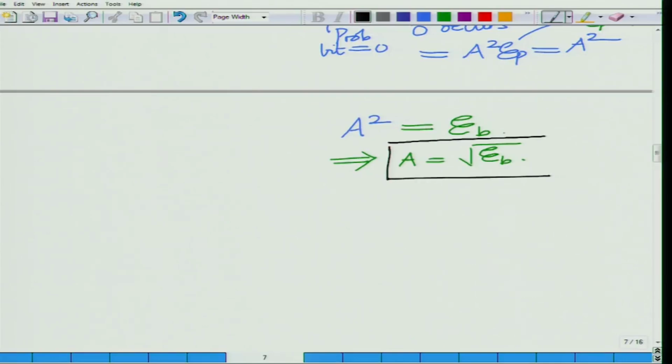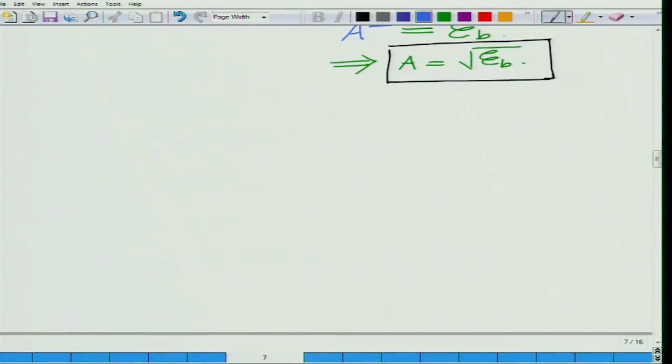So, if we set A equal to square root of E b, that is the amplitude A, remember we are using the fact that the pulse has been normalized to have unit energy. Okay. So, if we set the amplitude A equals square root of E b, then the average energy expended per bit in this digital modulation scheme, or in this binary phase shift keying scheme, is going to be E b, that is the point.